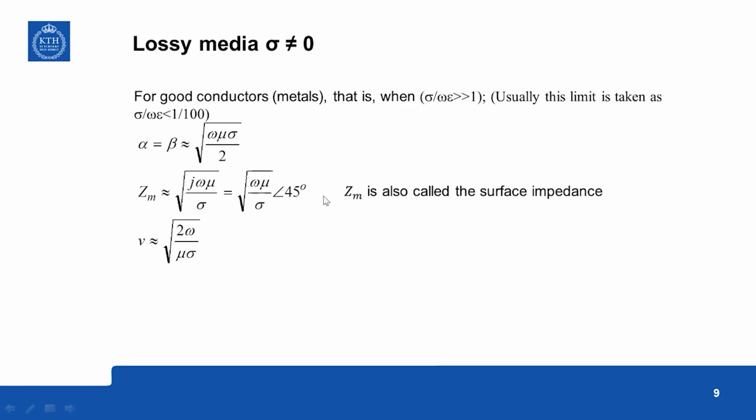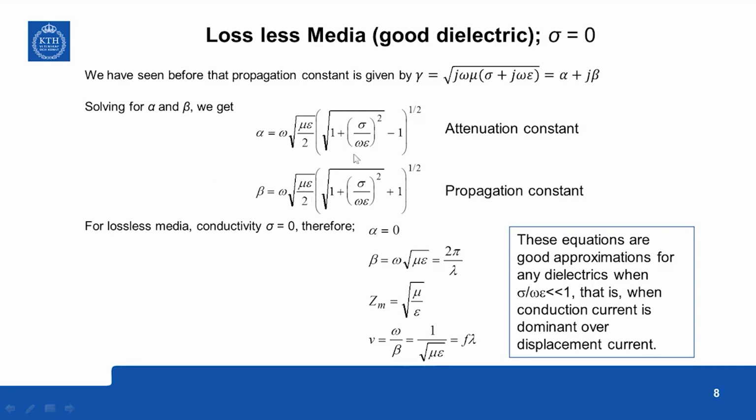if you go to the previous slide, this is far greater than 1. So 1 can be neglected. So this one also can be neglected. So you can simplify the whole thing as sigma by omega epsilon.